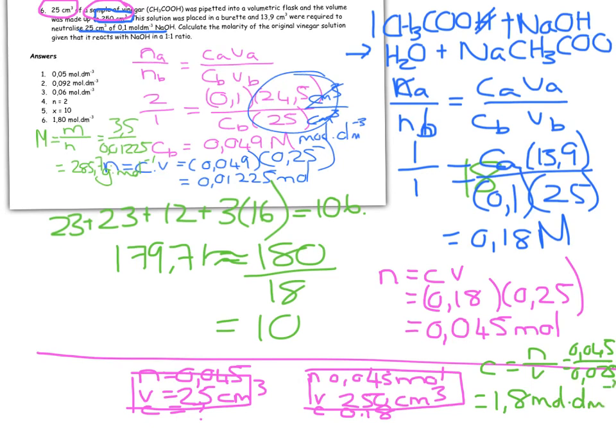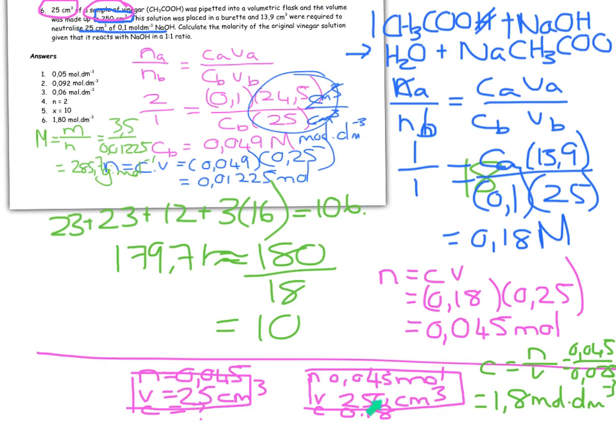Now remember, let's just remind ourselves what we were looking for over here. We had 25 centimeters cubed of a certain sample that was put into a volumetric flask and diluted up to that volume. A certain amount, 13,9 centimeters cubed of that stuff, then got used in a titration, and I was able to find out the volume and mole ratio over there.